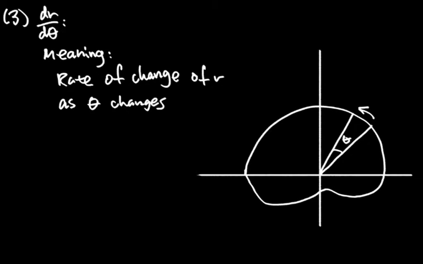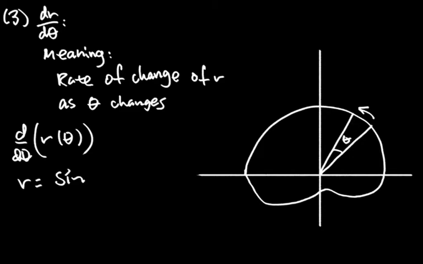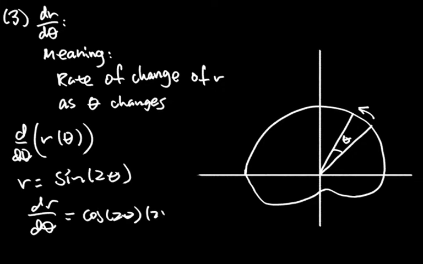And this is pretty simple because r is a function of theta. So you literally just take the derivative of that and then you get it. So for instance, if we have r equals, let's say, sine of 2 theta, dr/d theta is easily just cosine of 2 theta times chain rule to the inside times 2. So 2 cosine 2 theta.